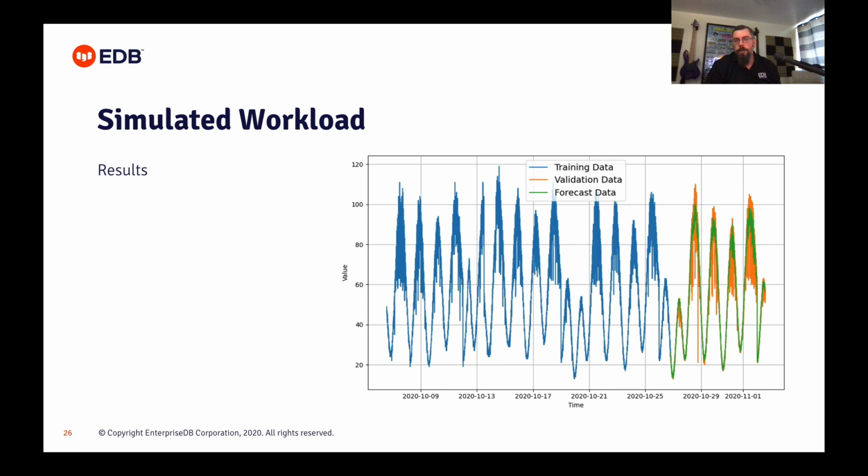And here's the results from that. Again, the training data is shown in blue. The orange line is the validation data, so that's what was actually recorded. But then the green line is forecast from the training that was done using the blue data.